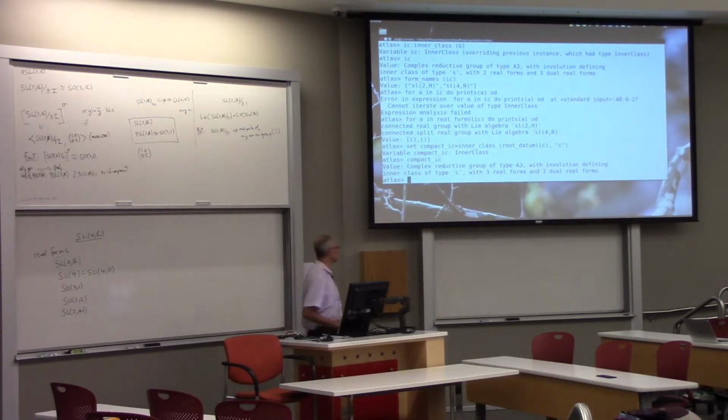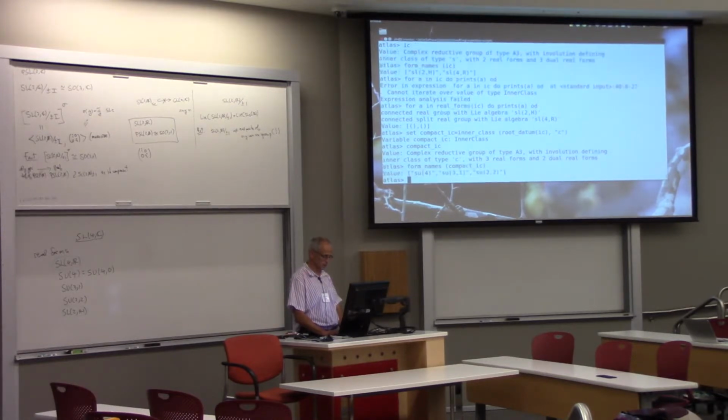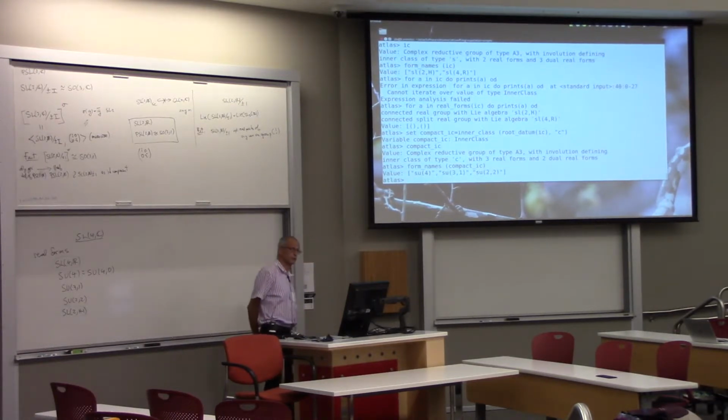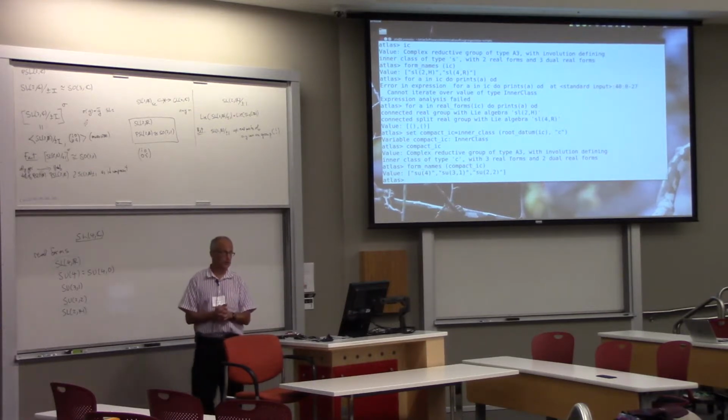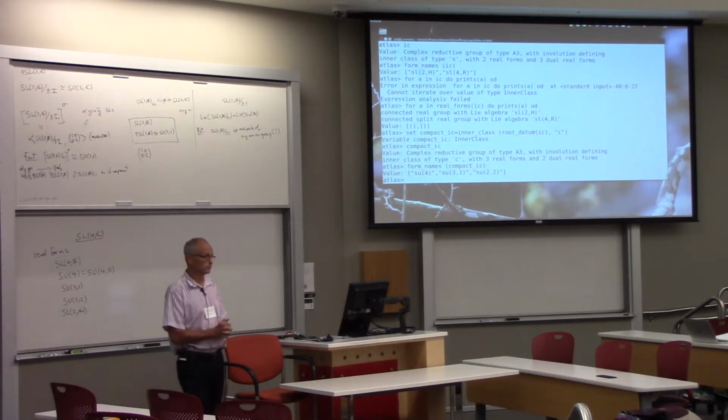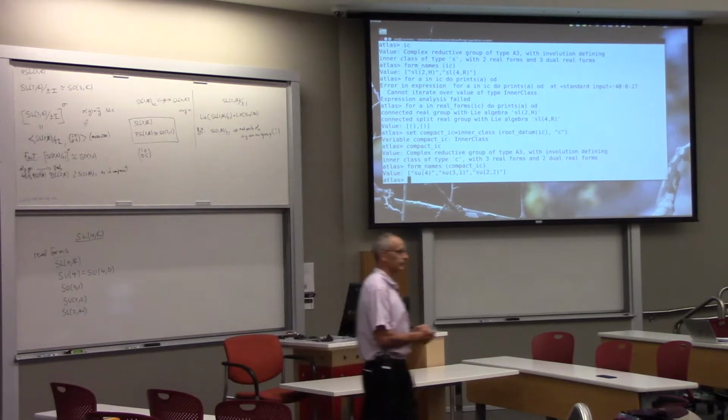So now, it was still type A3, but it's an involution defining an inner class of type C. Now there are three real forms, and if you do form names of compact IC, we're getting these other three. So I'll explain this business about inner classes tomorrow.